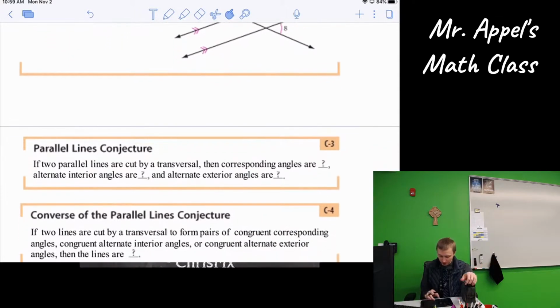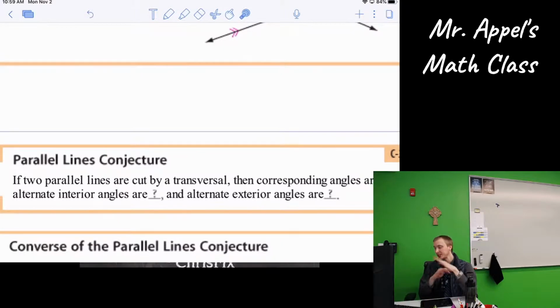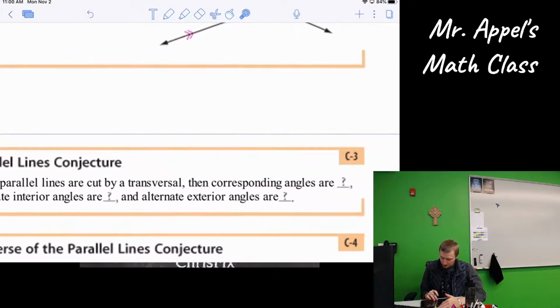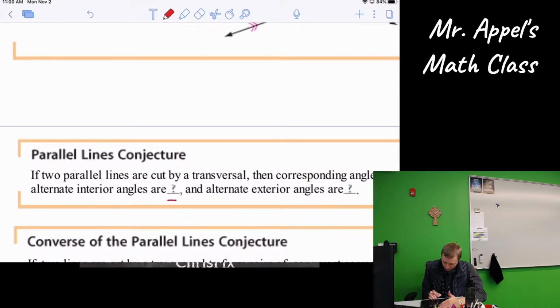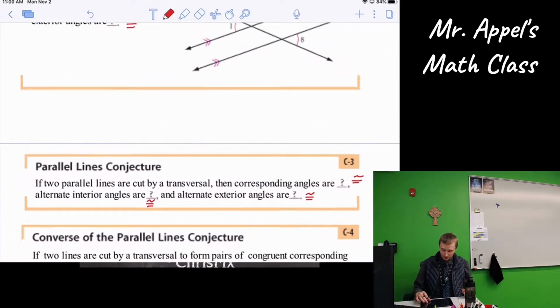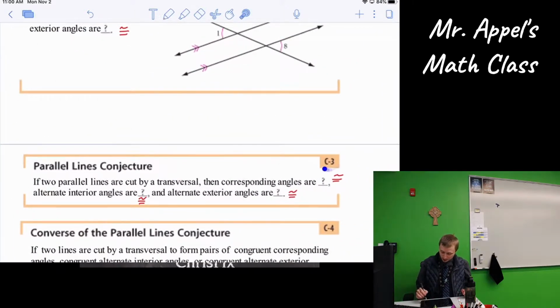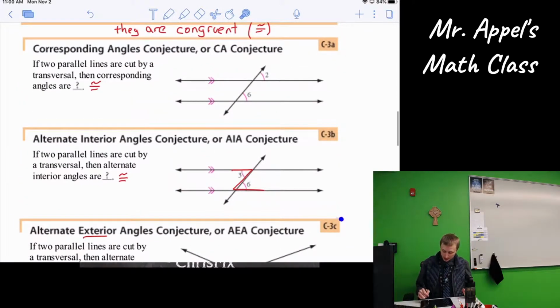We've summarized that together here in one sentence, the shorthand: if two parallel lines are cut by a transversal, then corresponding angles are congruent, alternate interior angles are congruent, and alternate exterior angles are congruent. So this final one, conjecture number 3, just sums together parts A, B, and C there.